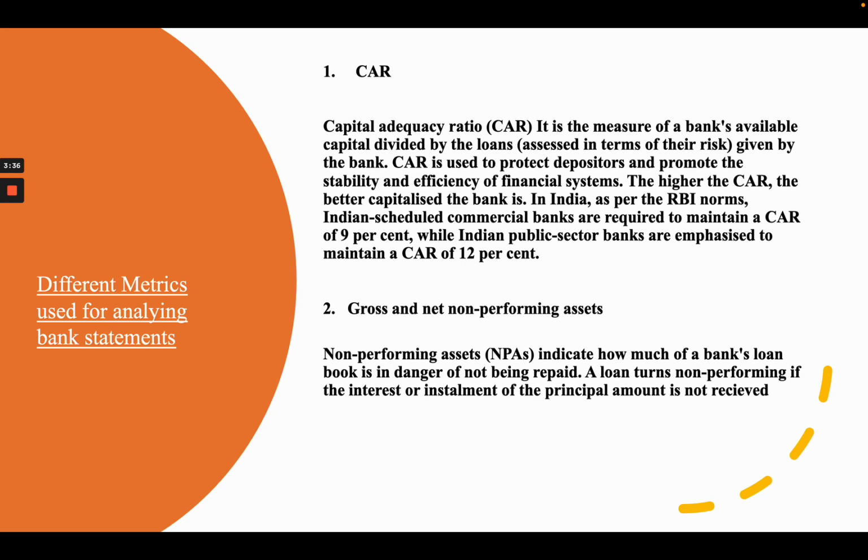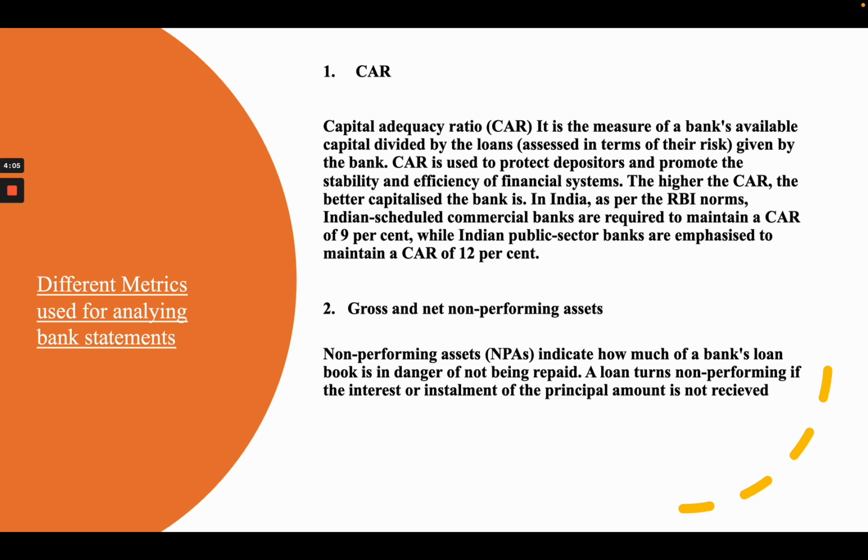So in India, as per the RBI norms, Indian commercial banks are required to maintain a CAR of 9%, while Indian public sector banks are emphasized to maintain a CAR of 12%. Now, to understand this more clearly, suppose the CAR of XYZ bank stands at minus 2.8% during a certain quarter.